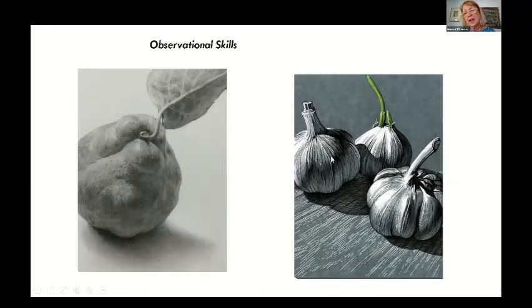Lovely details. Likewise with the garlics, we've got so much detail, contour lines, which is what I love, the pop of green on the top over here. But think about the composition. So the artist could have drawn this with the pear right in the middle and the leaf entire. We call that a closed composition.